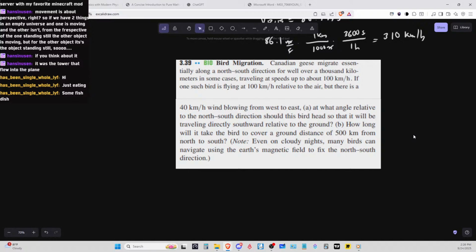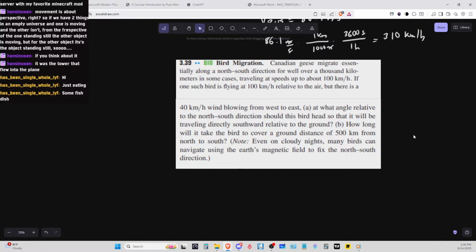Okay, what do we got? What is this problem? Canadian geese migrate essentially along a north-south direction for well over 1,000 kilometers in some cases, traveling at speeds up to 100 kilometers per hour.